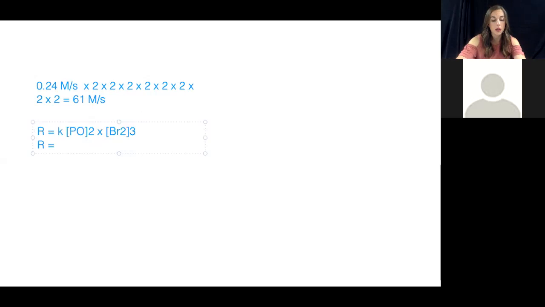They told me the rate constant, which is K, at 30 degrees Celsius is 1.25, 1 over molarity to the 4th power times seconds. And the concentration they told me for both of the reactants is 2.0 molarity. This one's going to be squared, and this one's going to be to the 3rd power. Sorry, the way I type it, it does look confusing.